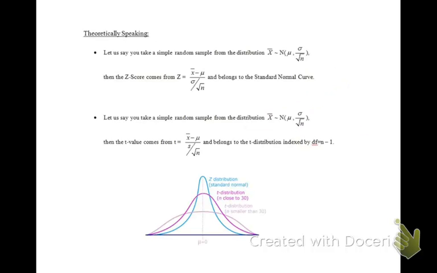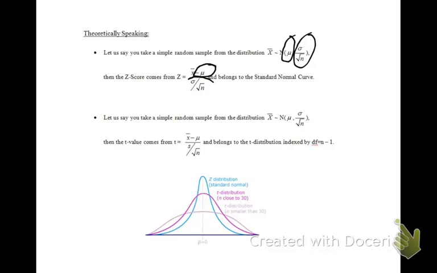Let's look at some of the theory that separates the z-distribution from the t-distribution. Let us say you take a simple random sample from the sampling distribution of the sample mean, which says that x bar is normally distributed with mean mu and standard error sigma over the square root of n. The z-score would come by subtracting mu and dividing by sigma over root n.